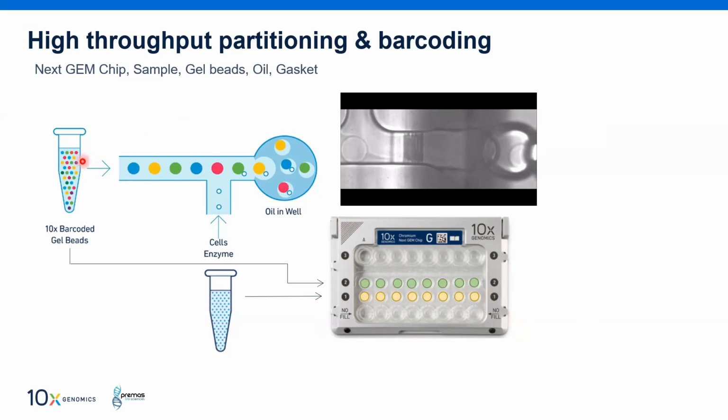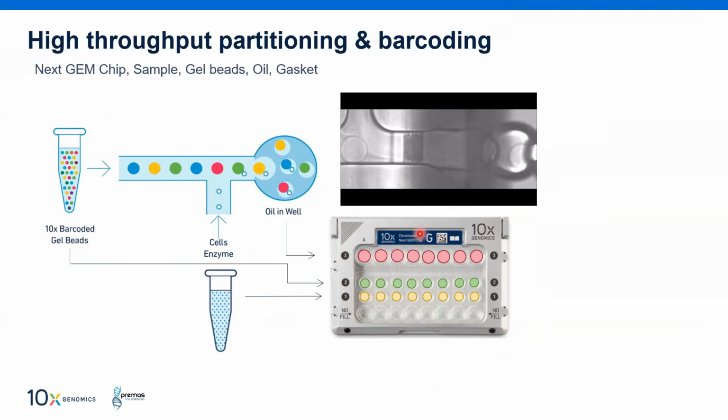Now in row 2, you can add the gel beads. So these are individually packed gel beads, what we saw in the previous slide, and in the top well, you will be loading the oil. So this is the whole pipetting step that you have to do on this particular chip.